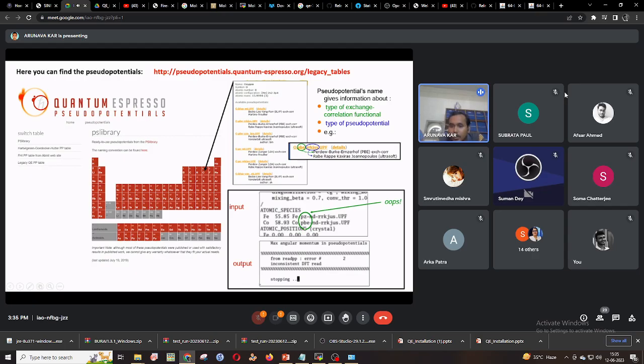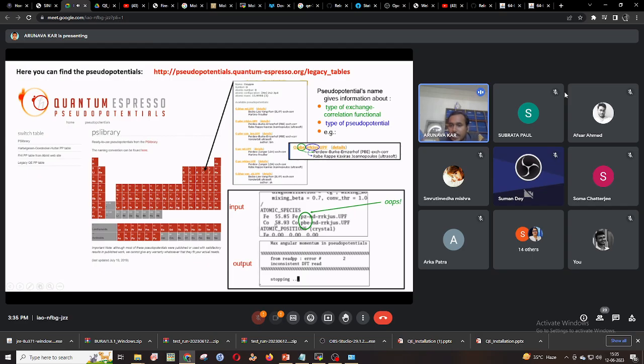But these two cannot be mixed in the calculation, so the output will give you an error. So either you have to use PBE for both systems or PZ for both. Means you need to give the same type of exchange correlation functional for the pseudopotentials.